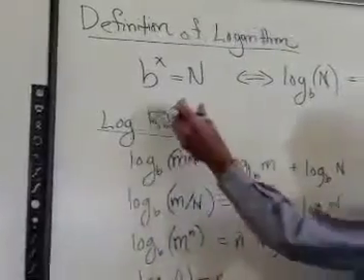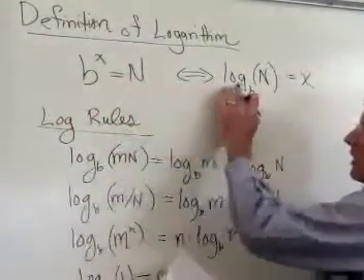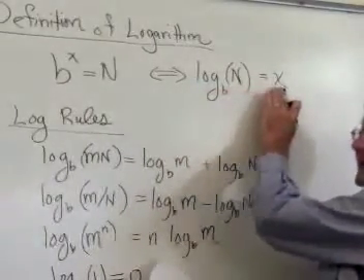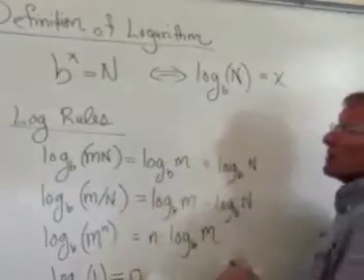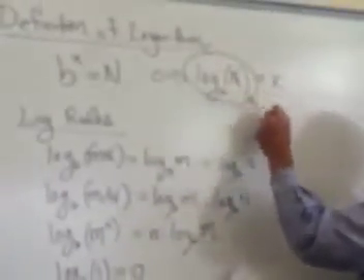The definition of a logarithm is the following. If you have b to a power equaling n, then log base b of n would equal that exponent. Anytime you see a logarithm, it basically equals some exponent.